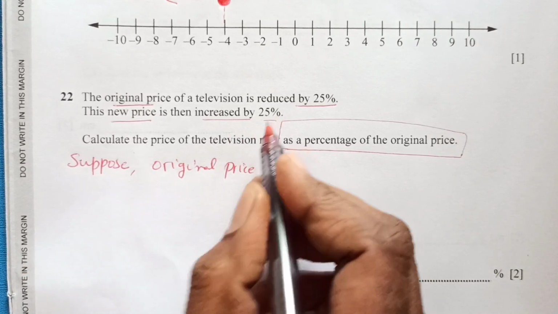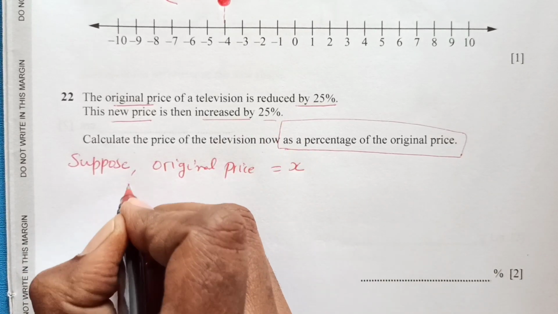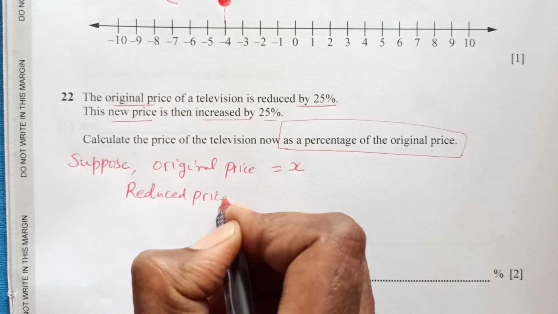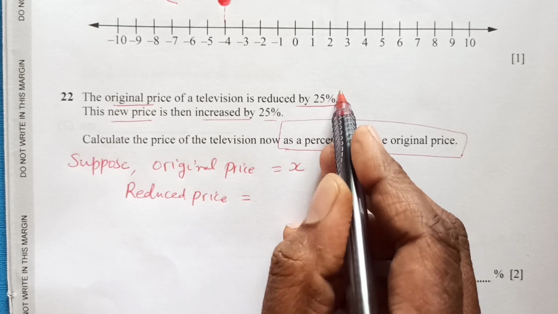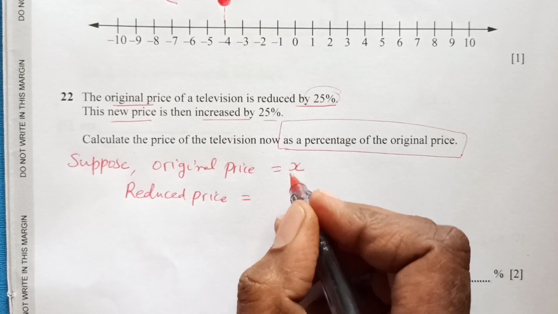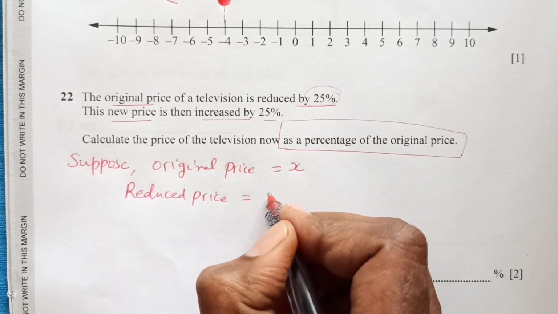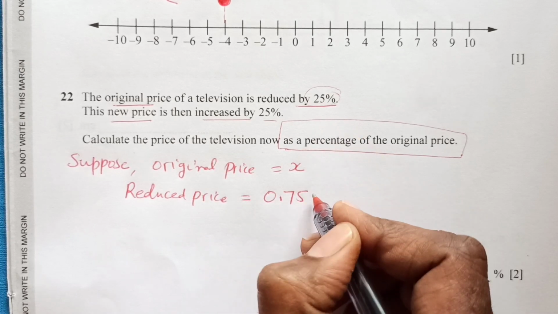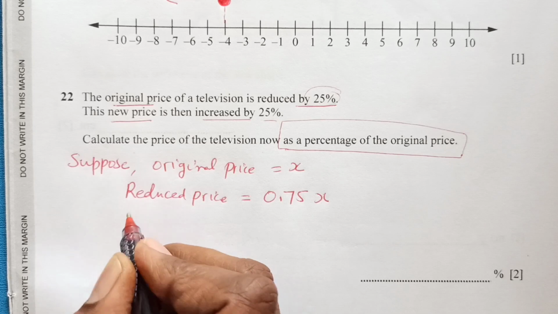Then there is a reduction of 25%, so the reduced price will be 75%, so 0.75x.